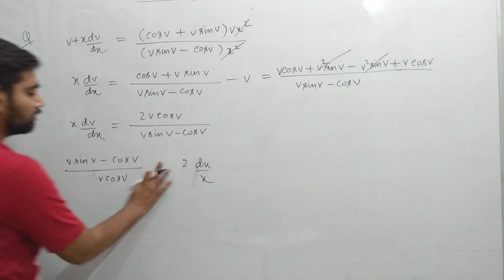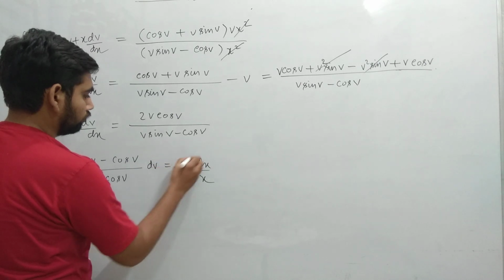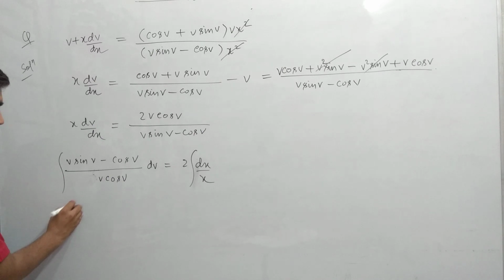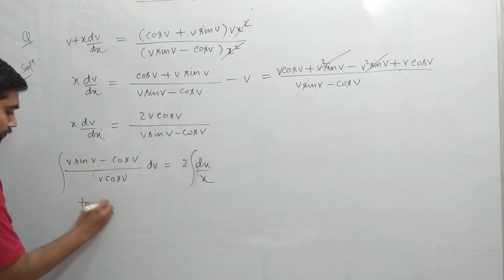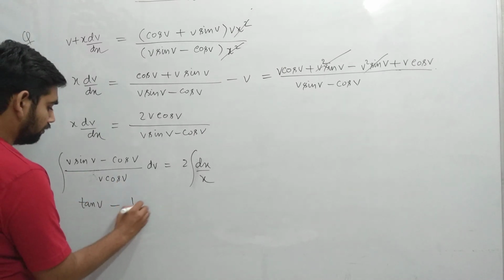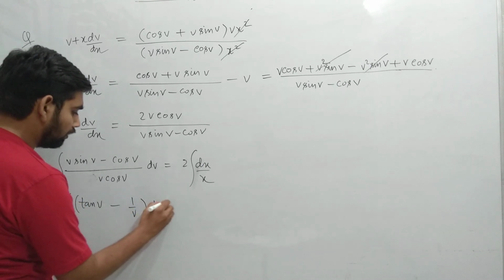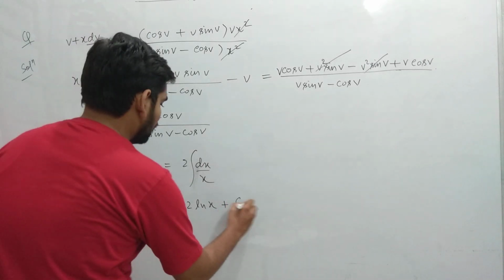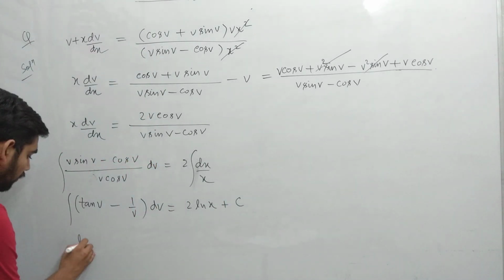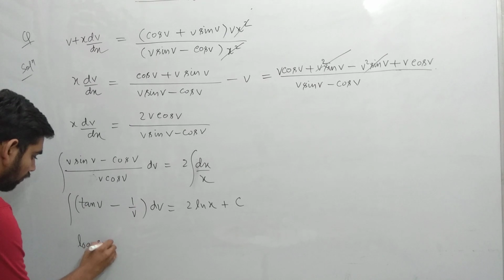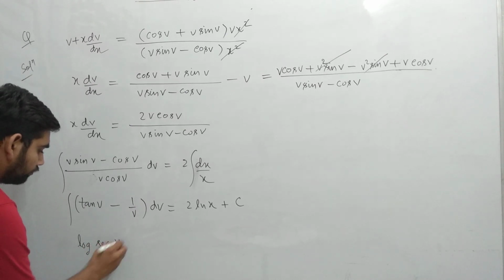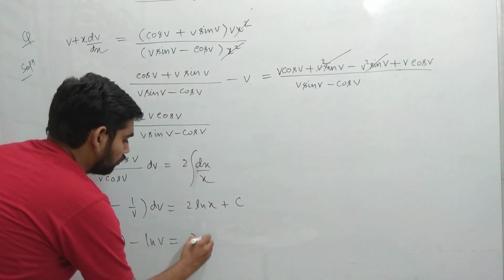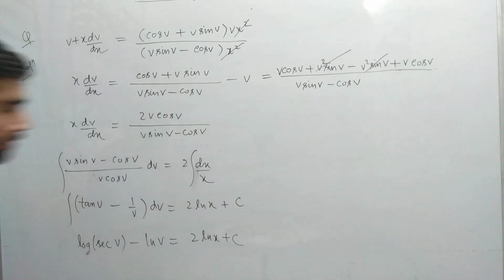Now on integrating both sides, we will get, it will be tan v minus 1 upon v dv equals 2 ln x plus c, and on integration it will be log sec v minus ln v equals 2 ln x plus c.